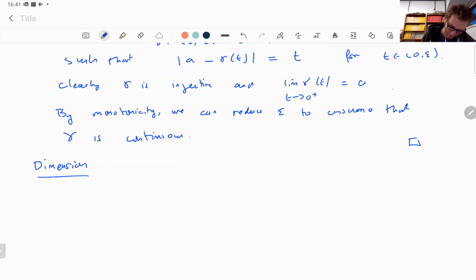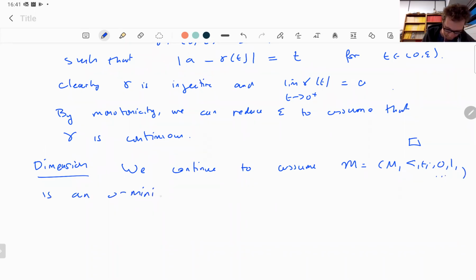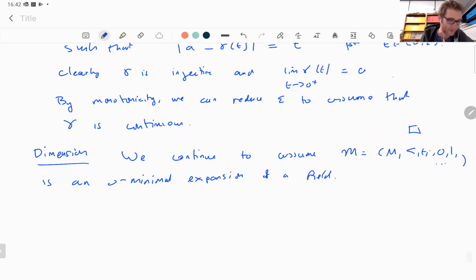So I continue with my assumption that I have a field, though we don't actually need this for this section, but it's convenient.